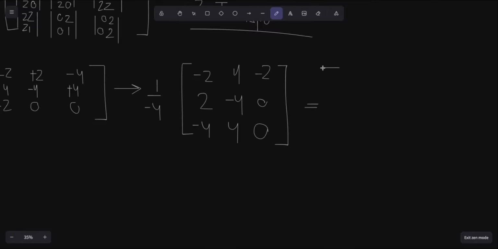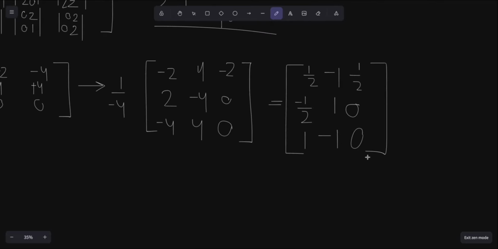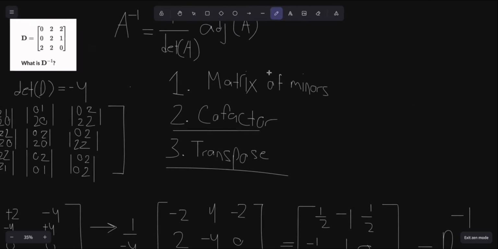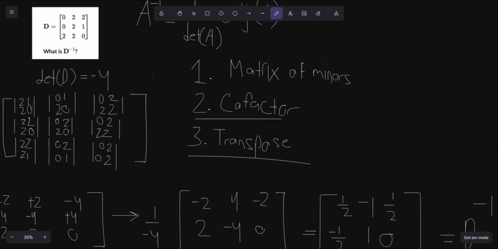So we're going to get 1/2, -1, 1/2, -1/2, 1, 0, 1, -1, 0, and there we go. This is going to be equal to our inverse matrix. Okay? So this is just the three-step method for finding the adjugate of a matrix.